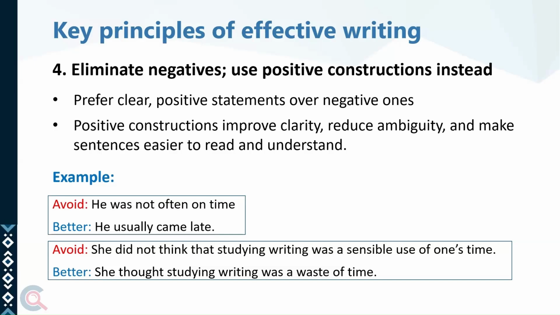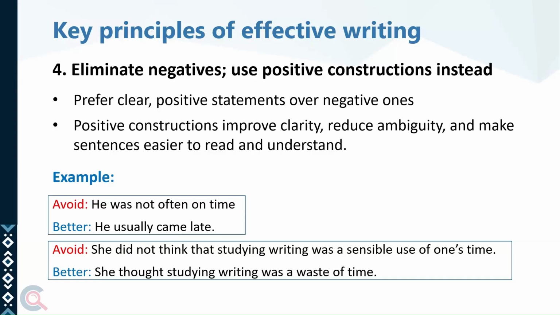For example, the first sentence that we have here, he was not often on time, is the negative form, which is to be avoided. You could better say he usually came late. It's easy, and the clarity in this sentence is better compared to the previous one.